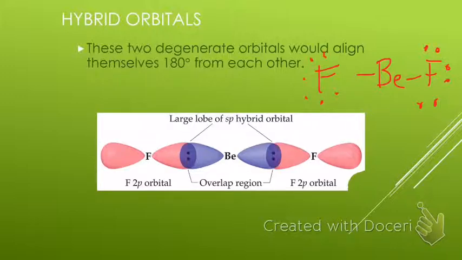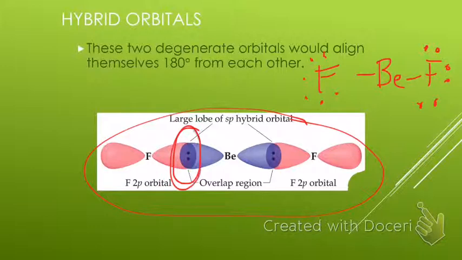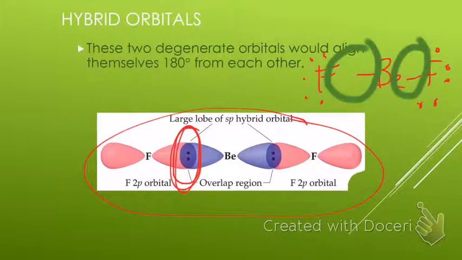And lo and behold, it really is, because now we can have the one electron from the fluorine sharing with one electron from the beryllium in the overlap region of this sp orbital. That's why in class we mentioned that whenever two bonding occurs between the central atom and the others, it could be an sp orbital.